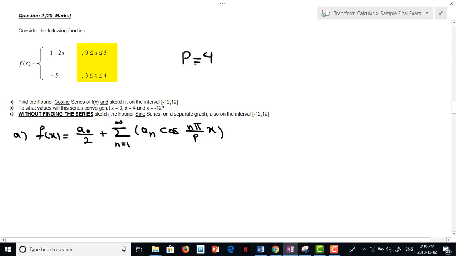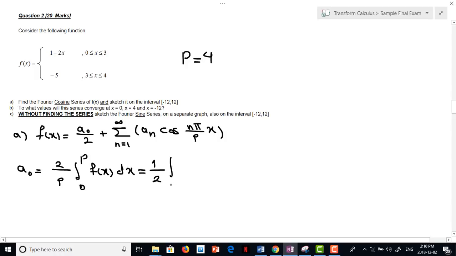First, we want to find a0. a0 is equal to 2 over p, the integral from 0 to p of f(x) dx. So p is 4, so 2 over 4 is 1 over 2, the integral from 0 to 4. I have to split the integral because we have a piecewise function.